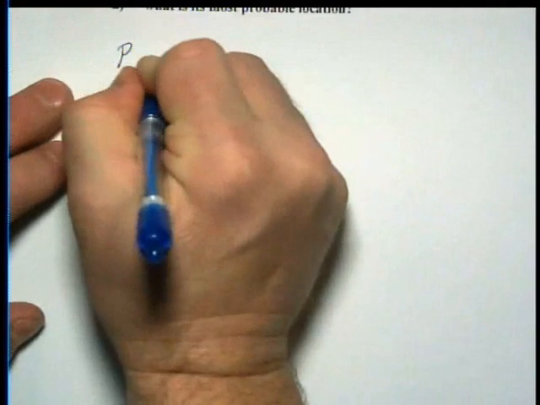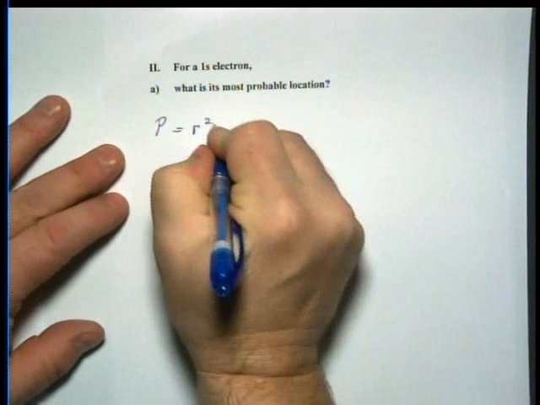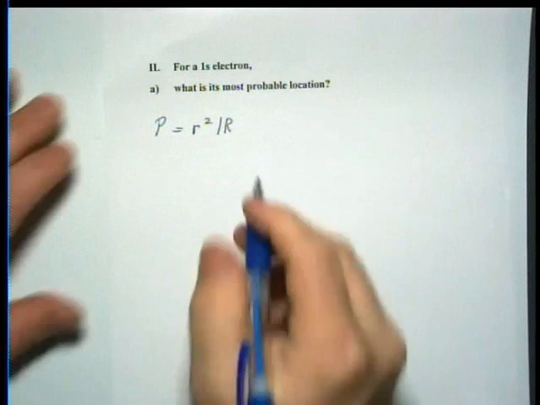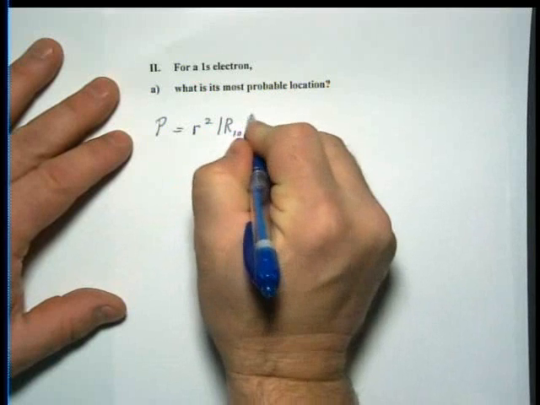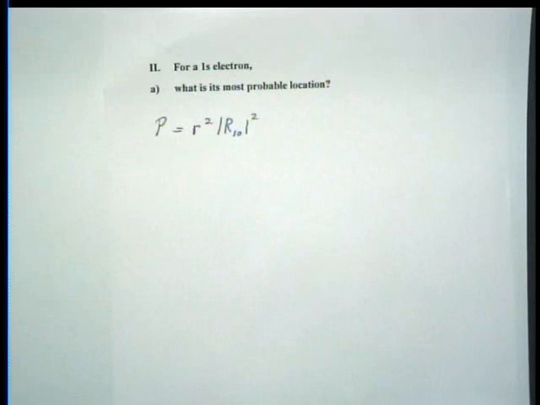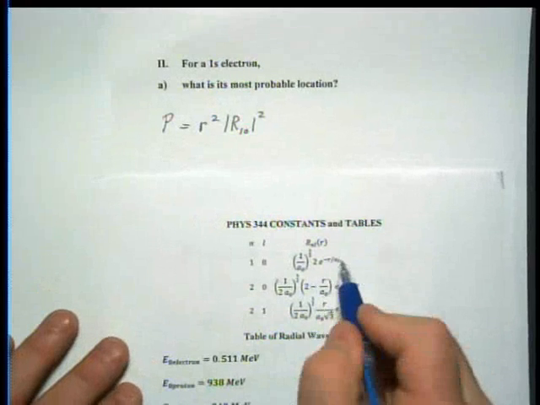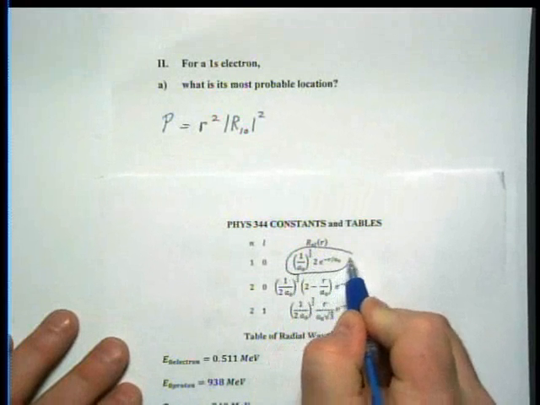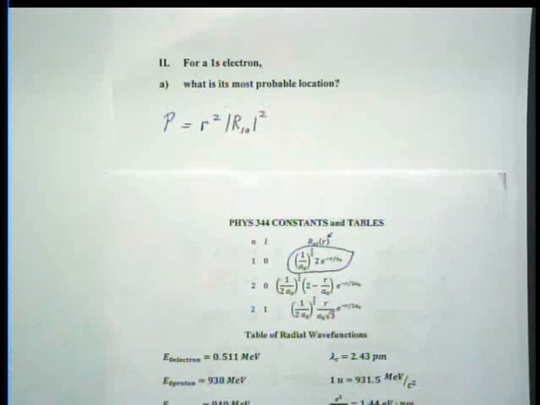So let's see. P is r squared times R, and R in this setting was the 1s. What's the 1,0 squared function? I look on my table, and there's the 1,0 wave function, radial part. I need to square that.